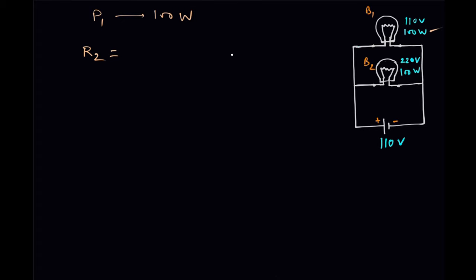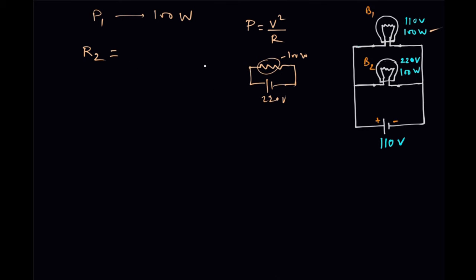That power formula that we calculated last time also, P is equal to V square divided by R. That means from this rating, when it is connected to 220 volt, it will consume 100 watt. So from this circuit we can find out R2.